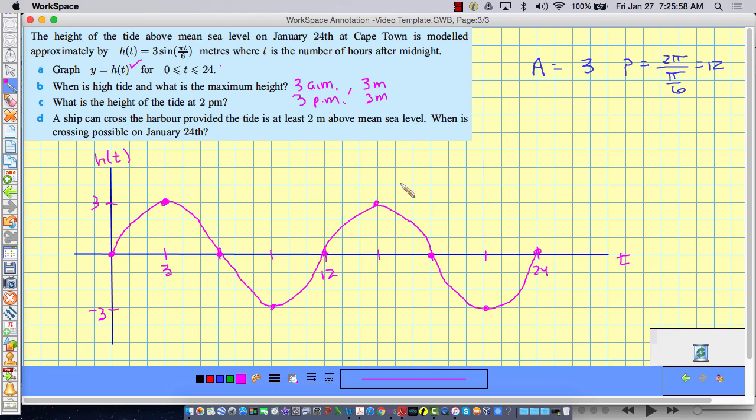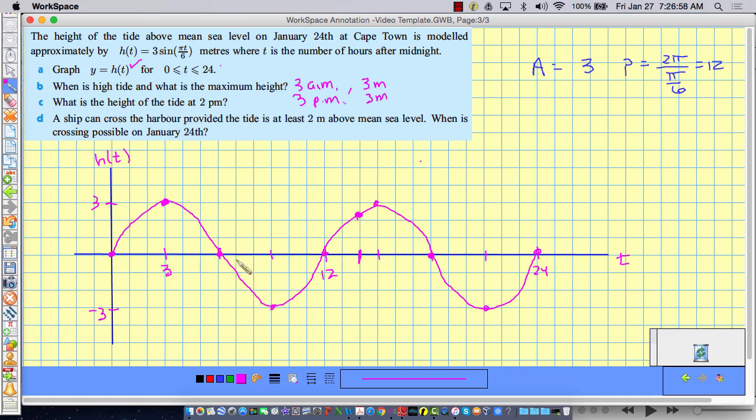What is the height at 2 p.m.? So 2 p.m., 12 p.m., 1 p.m., 2 p.m. is right here. So now we need to know what is the height of the tide at 2 p.m. Well, 2 p.m. is right here, and the height is this point right here.